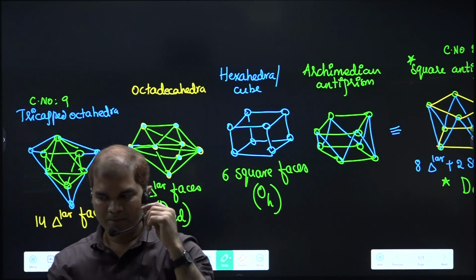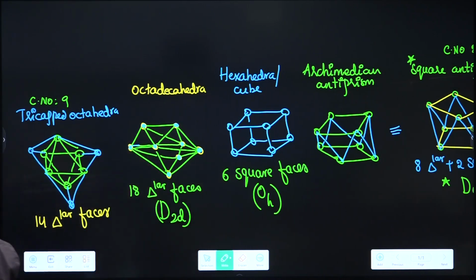Okay. Can you draw? Tricapped octahedra is done. Can you draw tricapped trigonal prism? Meanwhile, I'll just show you the model for octahedra. Whatever we see, we remember for a longer time. So for symmetry and clusters, I just take some extra time to show the models.